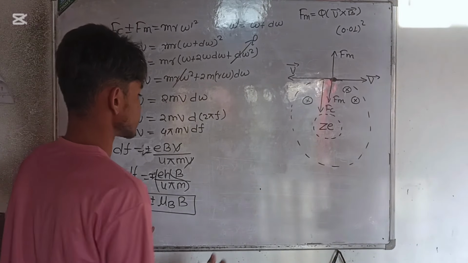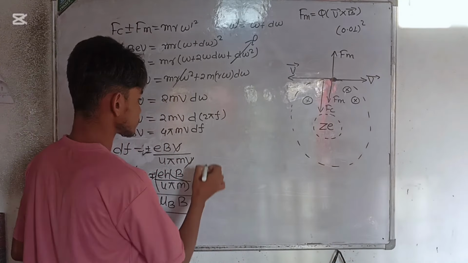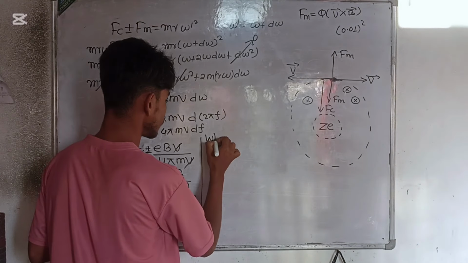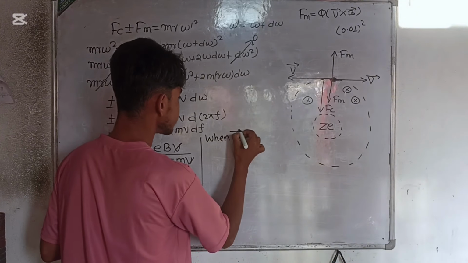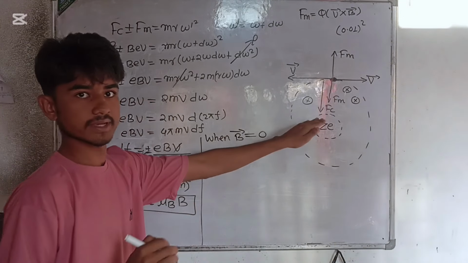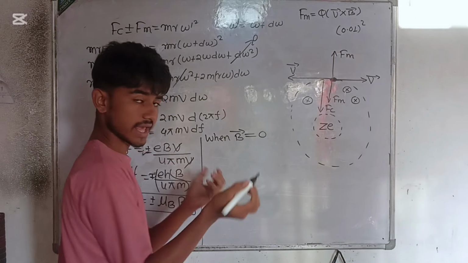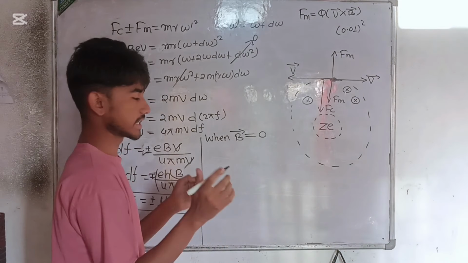And let me do here. When B vector is equal to 0, that means we are not applying a magnetic field.